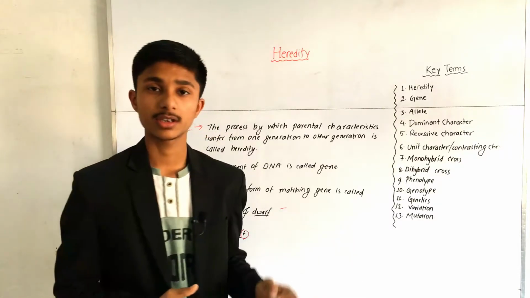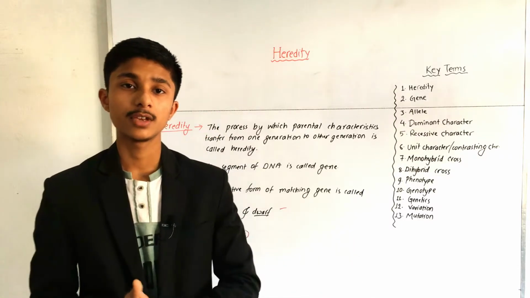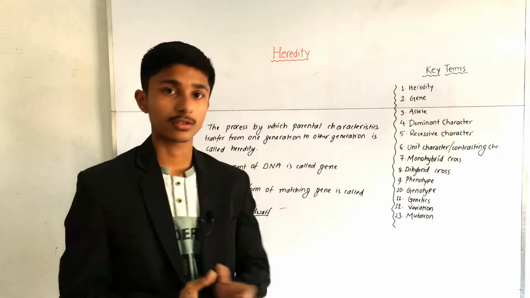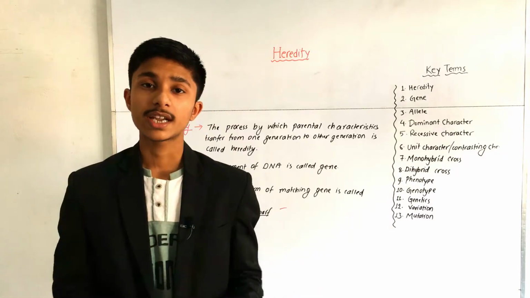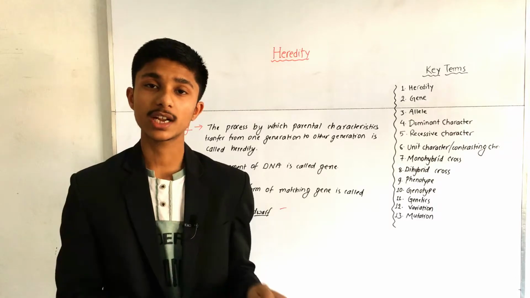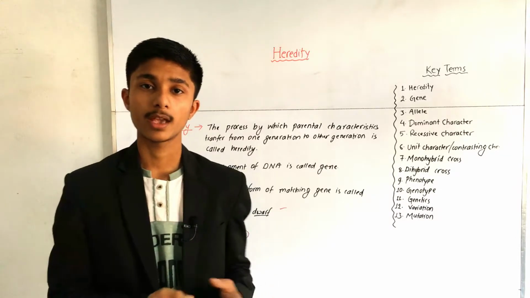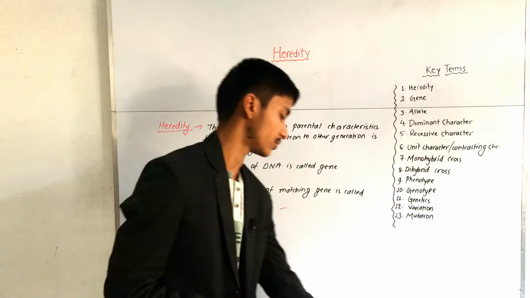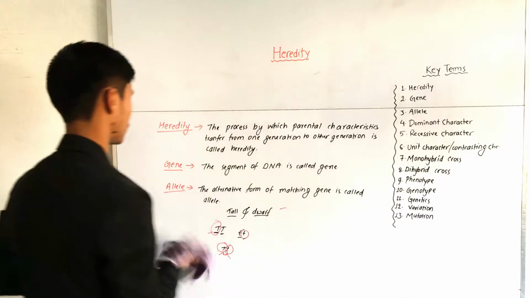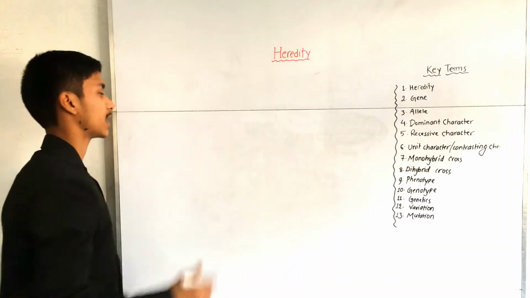Similarly, recessive character. What is recessive character? It is the character which cannot be expressed and remains hidden in the first generation. It's called recessive character. Okay, now we write here dominant character.